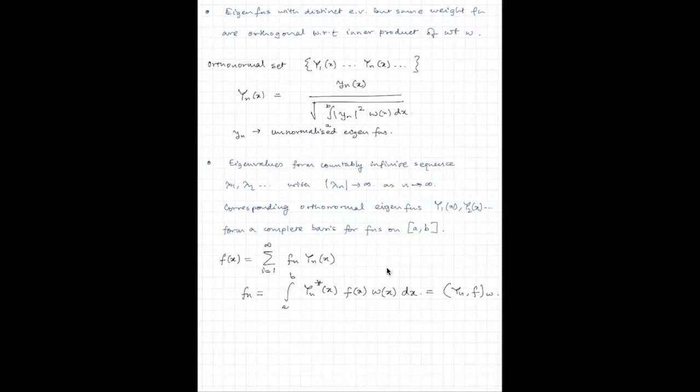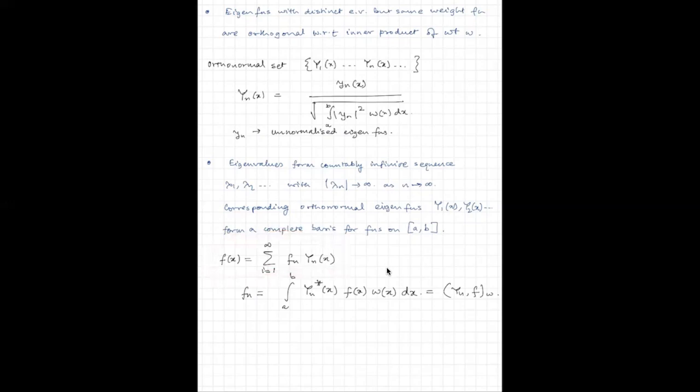These orthonormal eigenfunctions form a basis for the functions, and functions can be expanded in a discrete series like this.